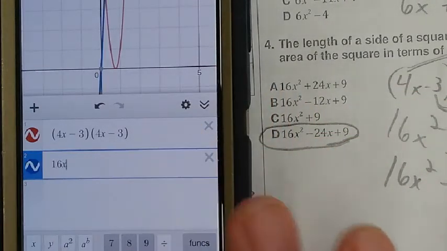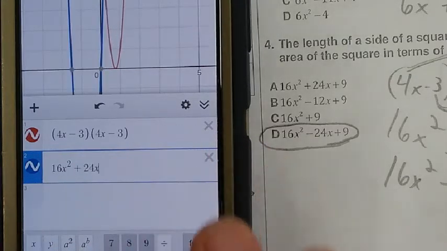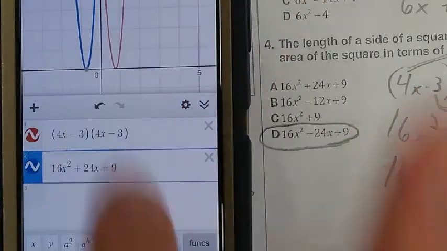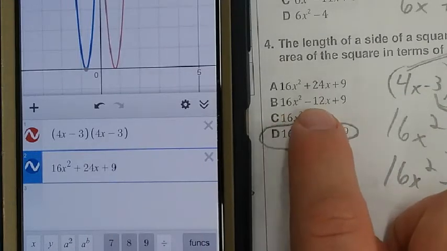So 16x squared plus 24x plus 9. Does that give you the same graph? No. They literally have to be the same exact spot, same exact everything. Well, the blue does not overlap the red, so we know that one's not right. So now I'll go back and change it to that one.